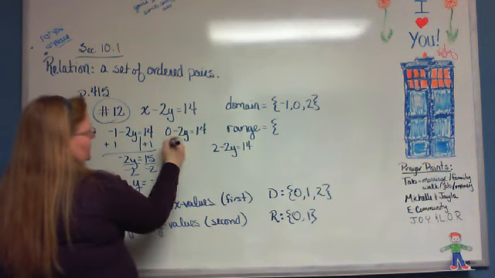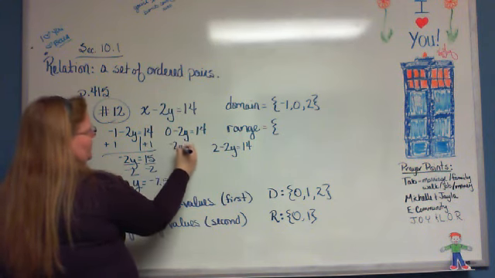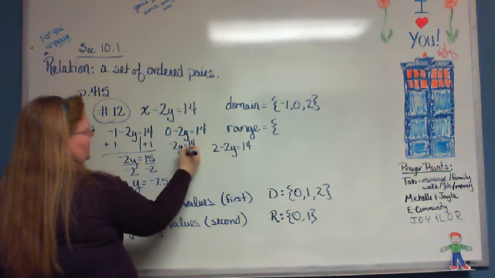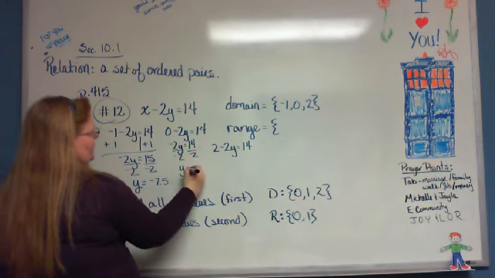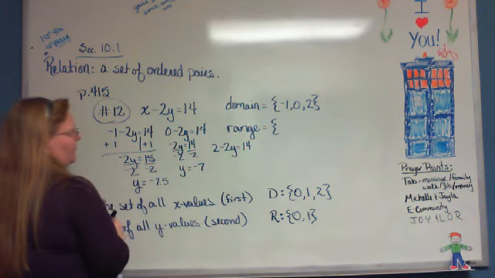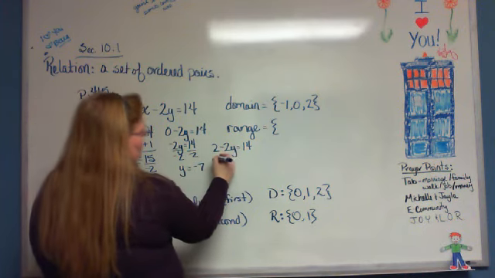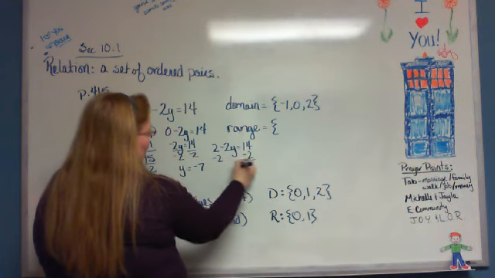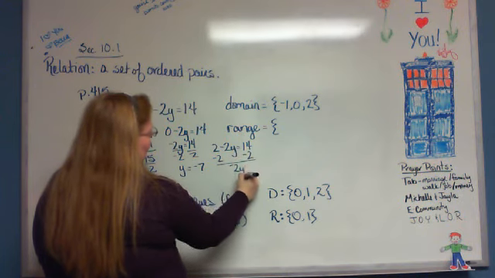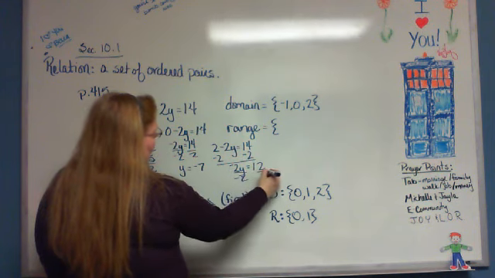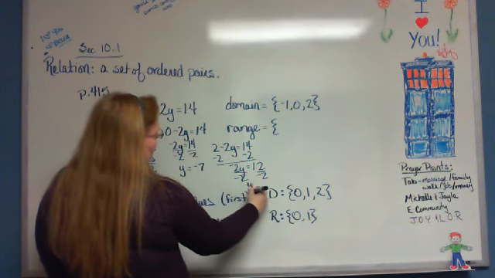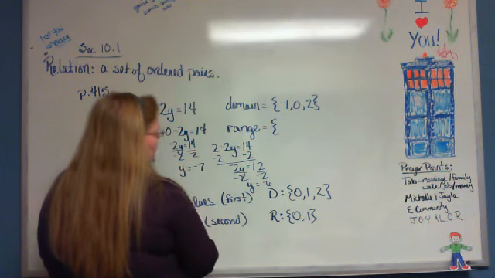And then subtract 0 from both sides. That gives me negative 2y equals 14. Divide by negative 2. So y equals negative 7. And then subtract 2 from both sides. Negative 2y is equal to 12. Divide by negative 2. Y equals negative 6.